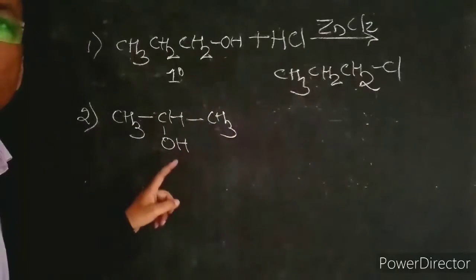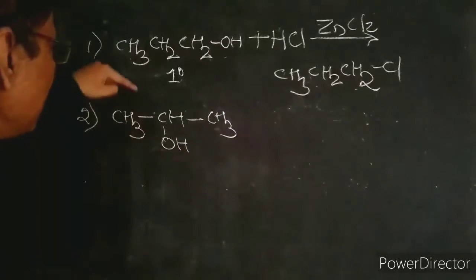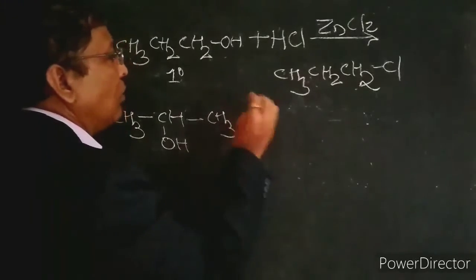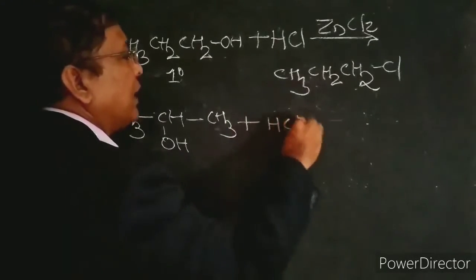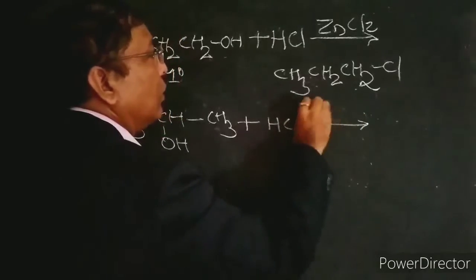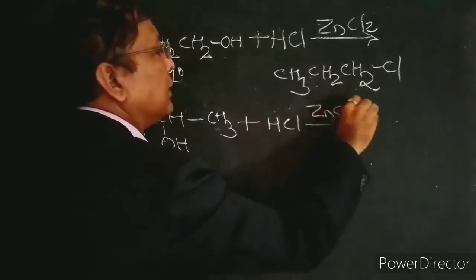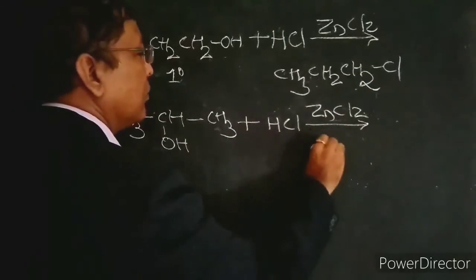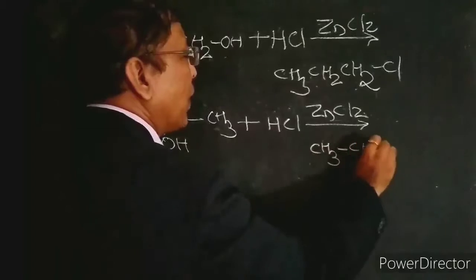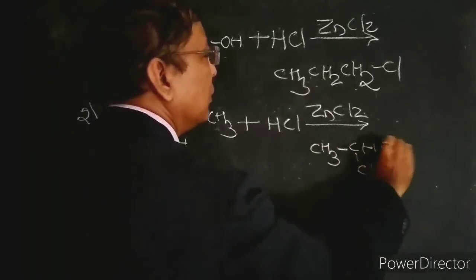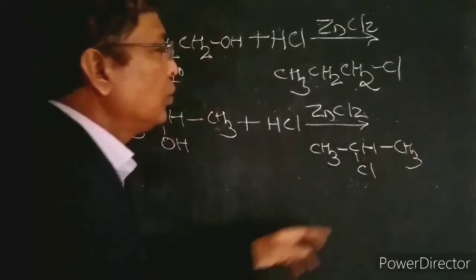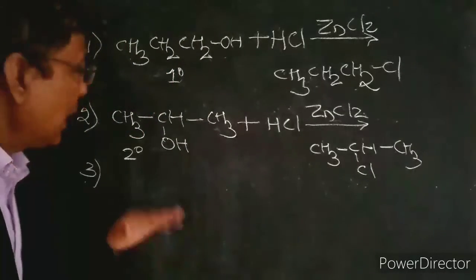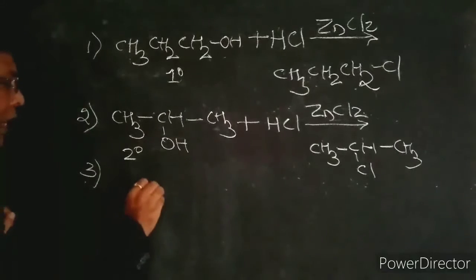What is a secondary carbon atom? The carbon atom which is attached to two other carbon atoms is known as a secondary carbon atom. Now, when it is reacted with Lucas reagent, HCl and anhydrous zinc chloride, we get isopropyl chloride or 2-chloropropane.